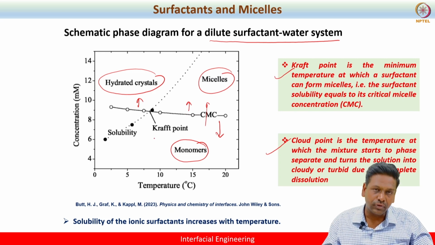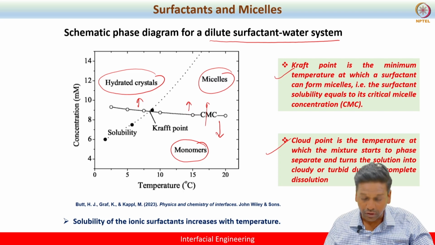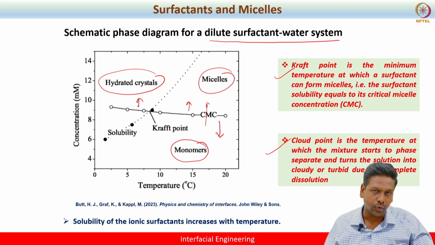Even though you are above the Kraft point, if you are above the cloud point, the micelles will precipitate out from the solution. It will make the sample turbid; the solution will turn cloudy. One has to avoid this situation by knowing the cloud point of the sample.